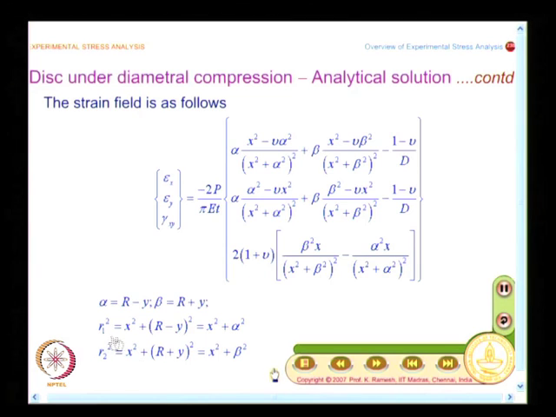You have r1 squared as x squared plus alpha squared, r2 squared as x squared plus beta squared, and you have this second term here is beta into x squared minus nu times beta squared divided by x squared plus beta squared whole squared, minus 1 minus nu divided by d. So, this is the expression for epsilon x.